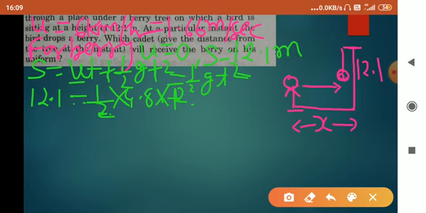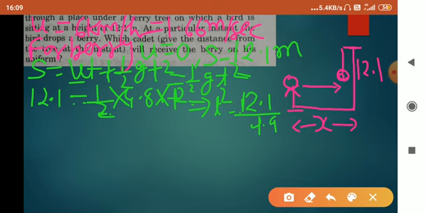On solving this, t square is given by 12.1 upon 4.9.